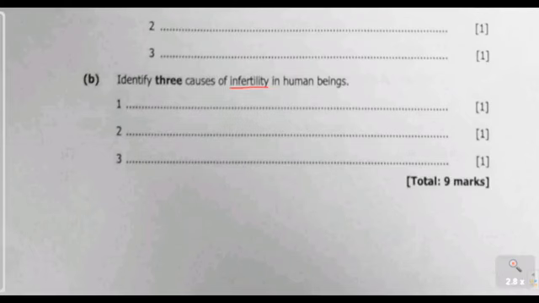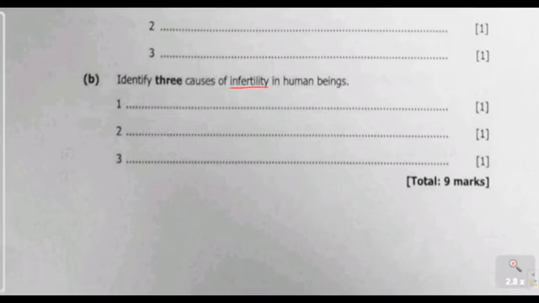Then we also have some of the causes of infertility in a man. In a man, the causes may include low sperm count, also problems with the tubes that transport the sperms, also diabetes, age, or sexually transmitted infections, the STIs.